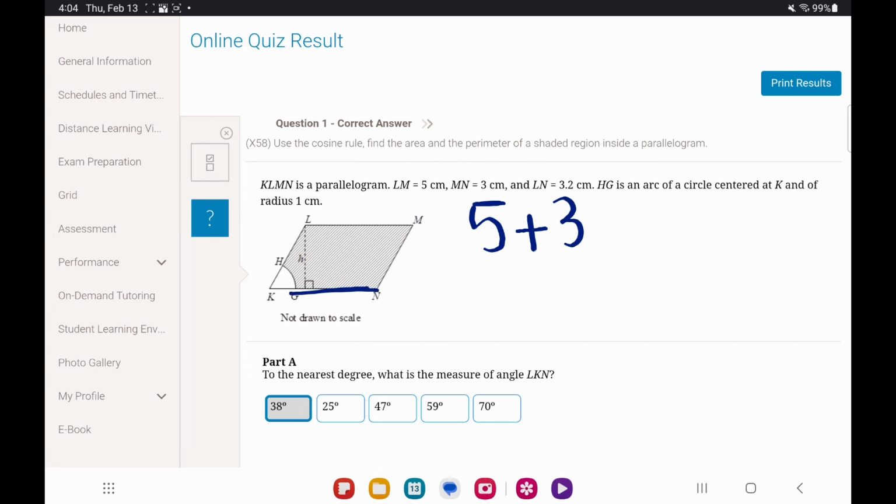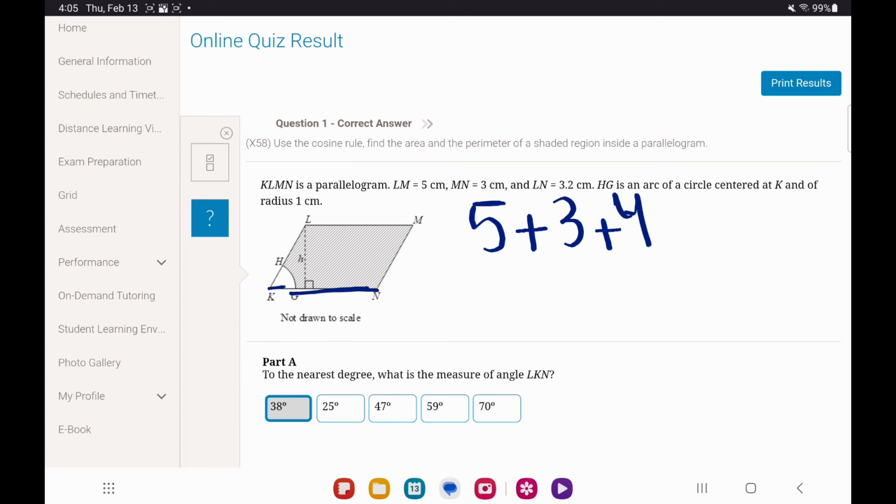Okay, we have the value of KN because it's the same as LM. But GN is KN minus KG. We know that KG is 1 because it's the radius. This here is a full circle, and this is the radius, so it's 1. So 5 minus 1, which is 4, so plus 4.